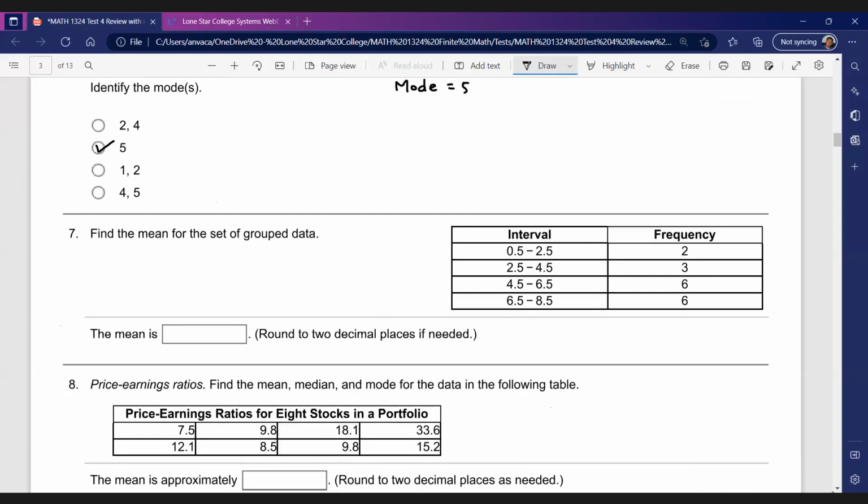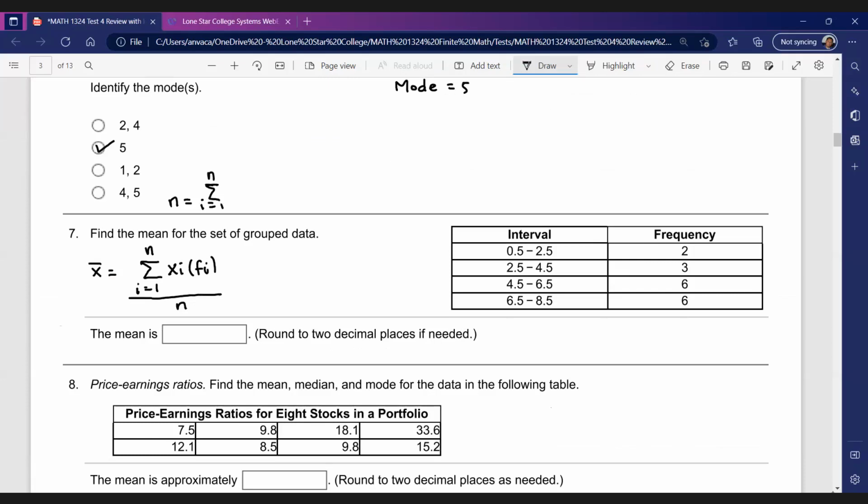So to find the mean of this group data, we need to find the sum of, well, first of all, before we even get there, the sum of the midpoint times the frequency divided by n, where in this case, n is the sum of the frequencies.